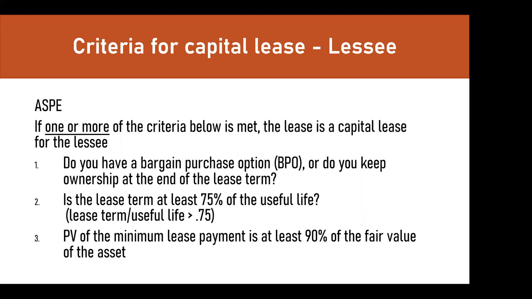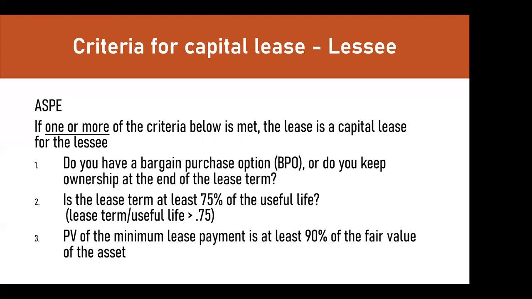Then after that, is the lease term at least 75% of the useful life? So if your lease term is 4 years and the useful life of the asset is 8 years, that is 50%, and that criteria is not fulfilled. And is the present value of the minimum lease payments at least 90% of the fair value of the asset?